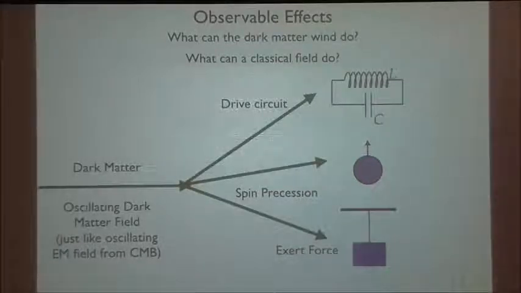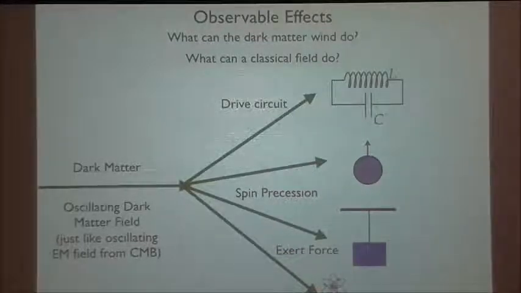The third possibility is that if you have a material, the dark matter can exert forces on this material. Okay? It can push protons and electrons around and directly move the material back and forth. And finally, it can change the values of fundamental constants like the mass of the electron, the charge of the electron, things of that sort. Right? So these are really the only 4 possible ways in which a classical field can affect the standard model.